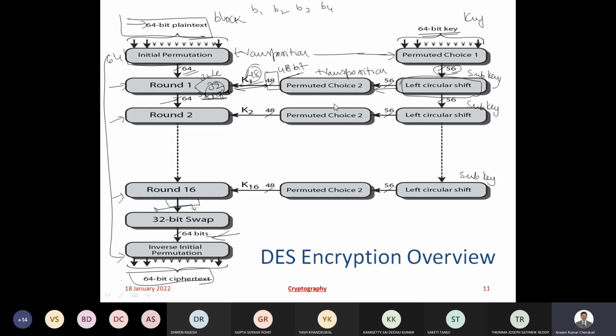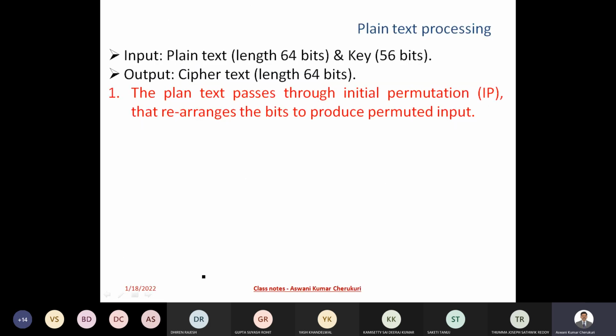No doubt. Now we will go algorithm by algorithm, each step of the algorithm, and proceed. In the plain text, we said your 64 bits of plain text is getting processed.